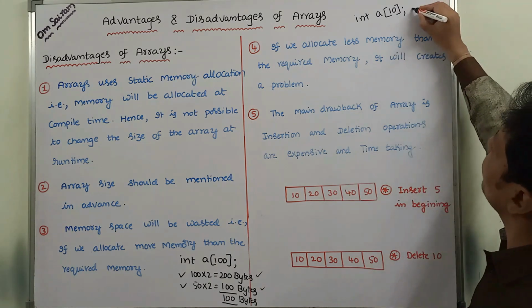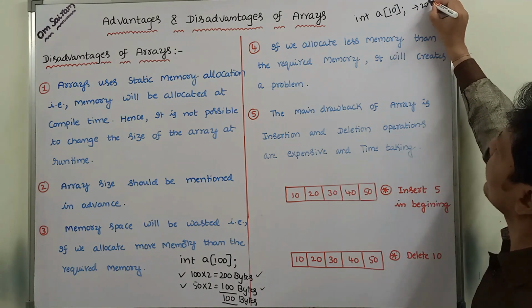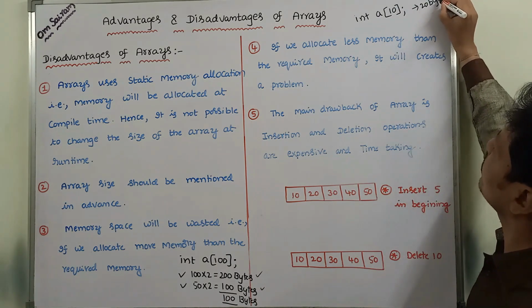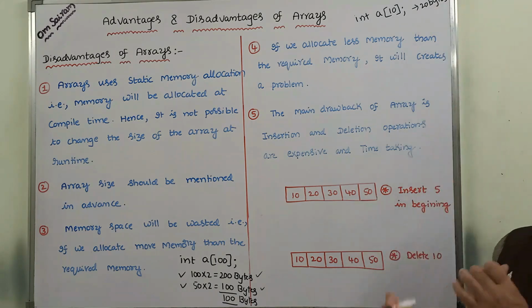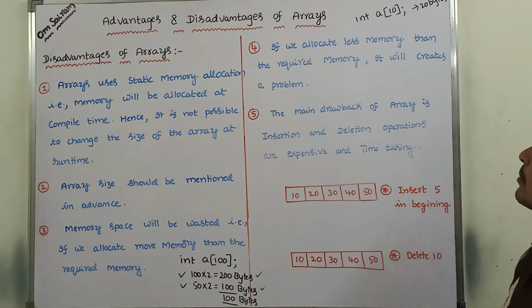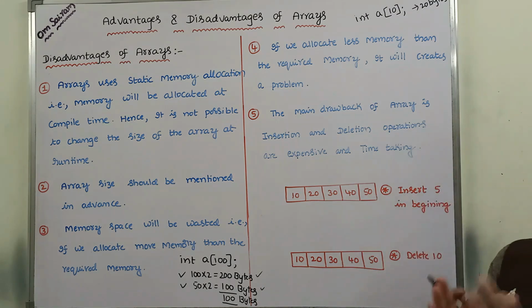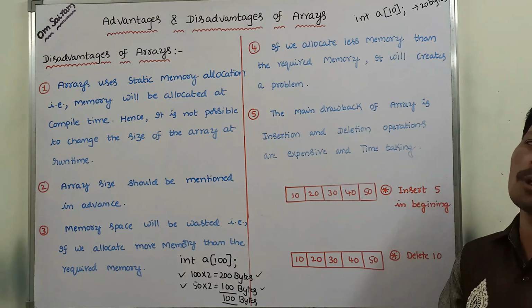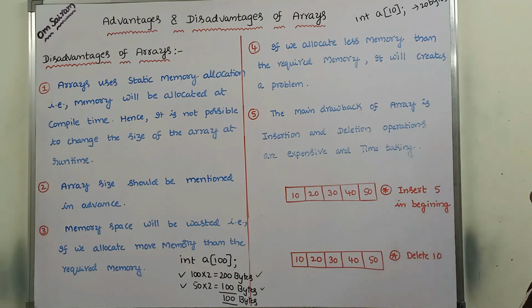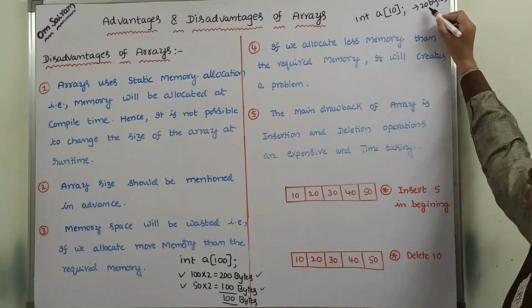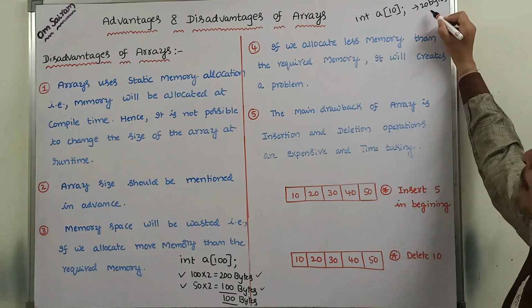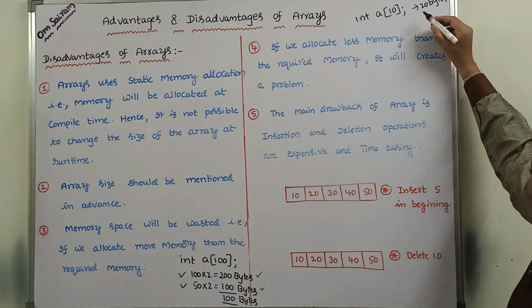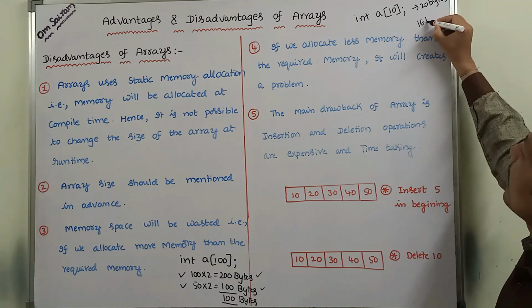How much memory will be allocated? 10 into 2, 20 bytes. Suppose you want to store 12 elements in that array. Is it possible? It is not possible. But for 20 bytes of memory, suppose the compiler allocates only 16 bytes.